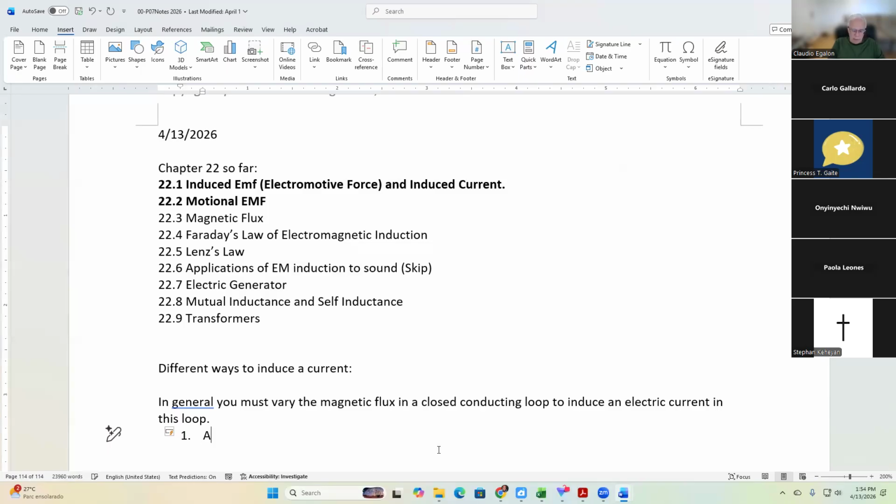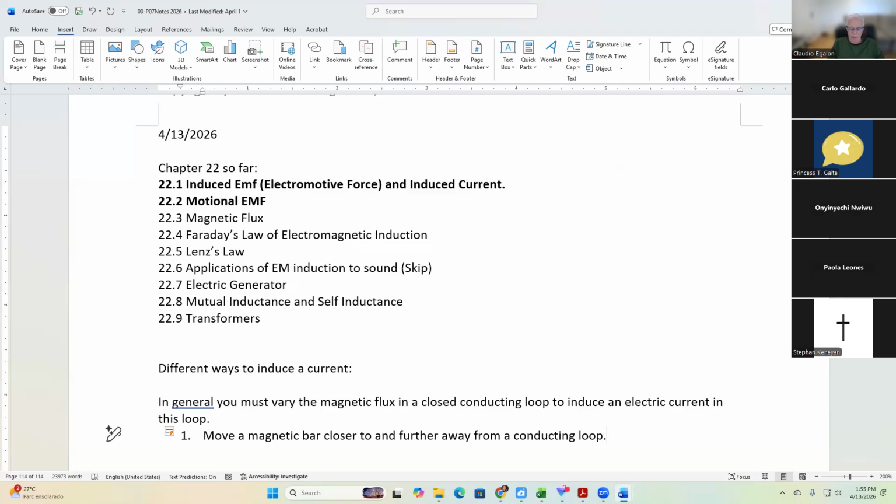One practical approach: move a magnetic bar closer to and further away from a conducting loop.